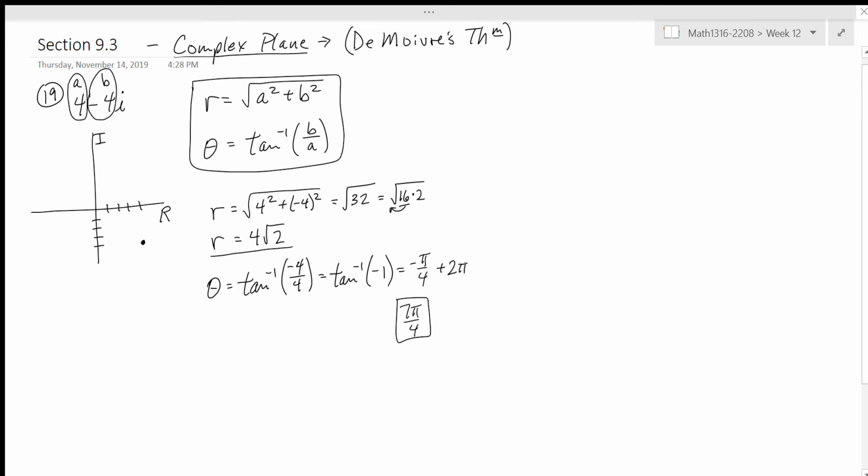Because a negative angle goes clockwise, and negative pi over 4 is going to be in the 4th quadrant. And if I want to start in the 4th quadrant and return to the 4th quadrant, how far around do I go? A full circle. So if you have a negative angle, you can always add 360, which is 2 pi, and get the positive equivalent. You can. Now, some of y'all may have been thinking back when I said, if x is negative, add 180 to theta. That's a whole different thing, okay? Adding 180 to theta, a whole different thing.